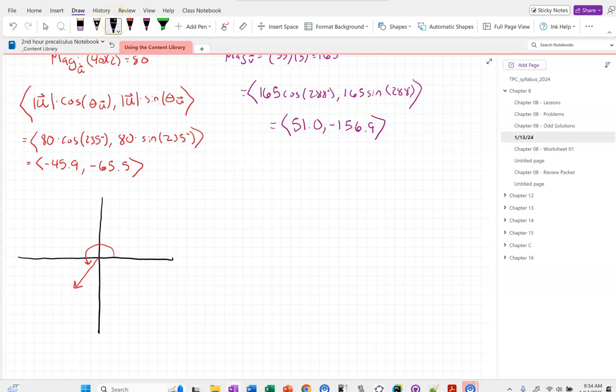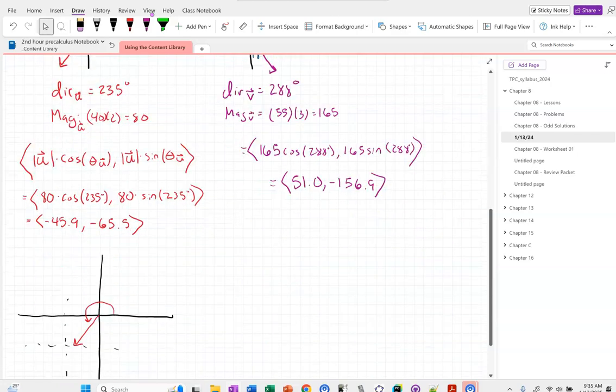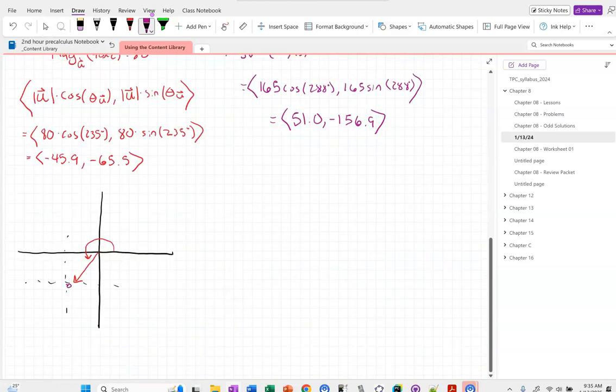It does that. And then we change directions. And we kind of do that then, right?